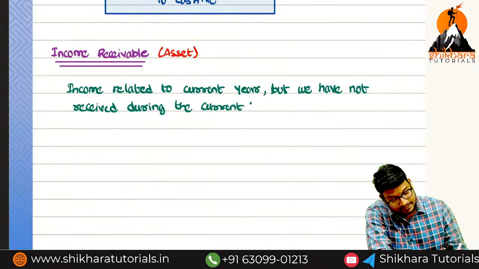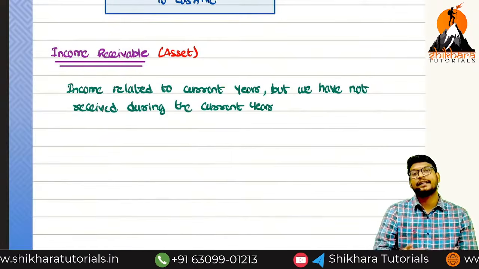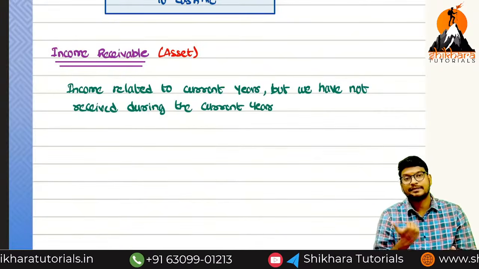That means we have received in which year? We have received in the next year. The income which was related to the current year should be received in the current year itself.